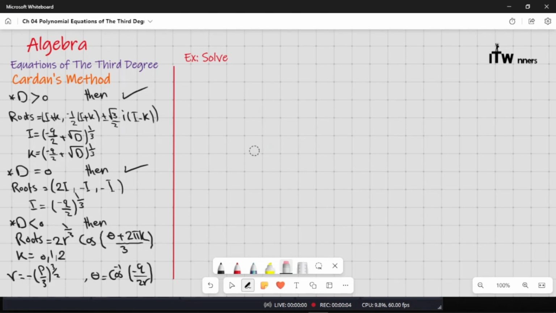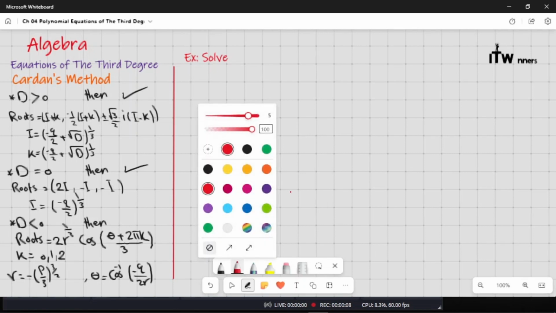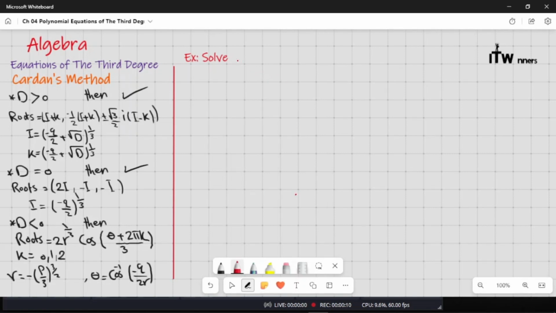Third example is to solve x cubed plus 3x squared minus 9x minus 3 equal to 0.